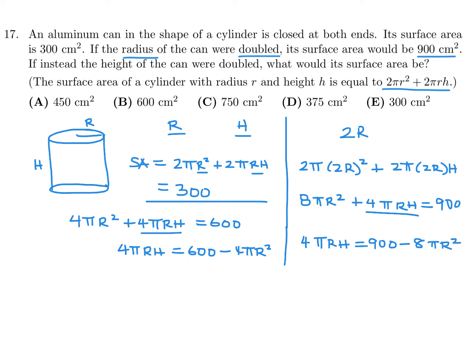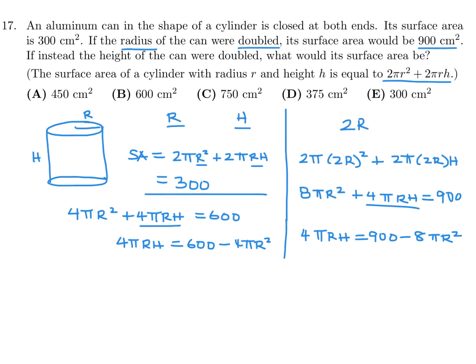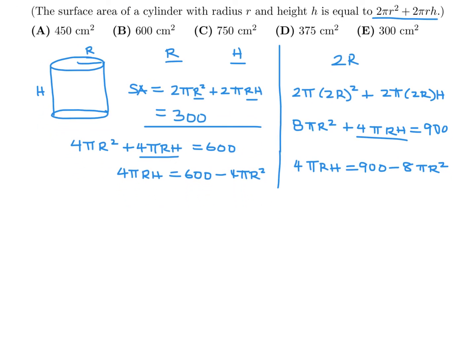Okay. So that's pretty decent. That's a pretty good amount of progress. So now we can set these equal to each other. This is equal to that. So 600 minus 4 pi r squared is equal to 900 minus 8 pi r squared. Okay. And does that help in any way?